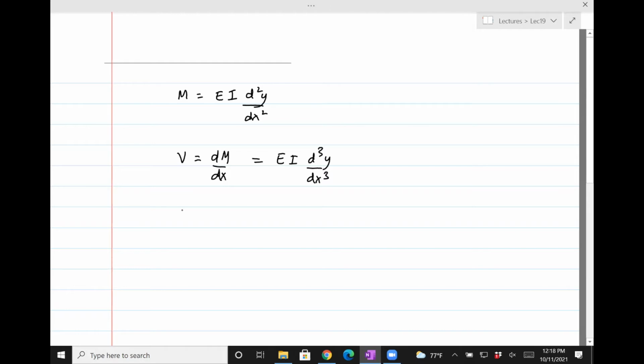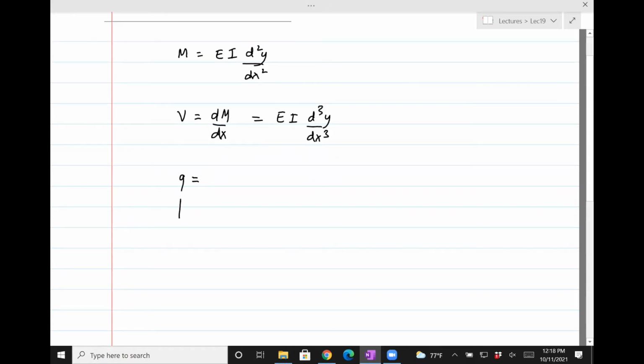The next thing to note is that Q, which is load per unit length, is dV by dx. And so if I take the derivative of V, which is written on top of it, it's simply EI d raised to 4 y by dx raised to 4.